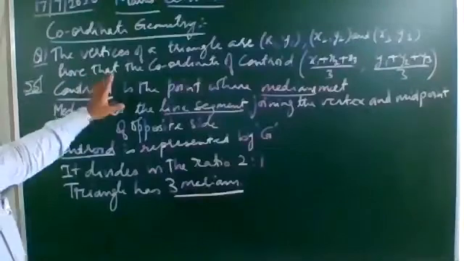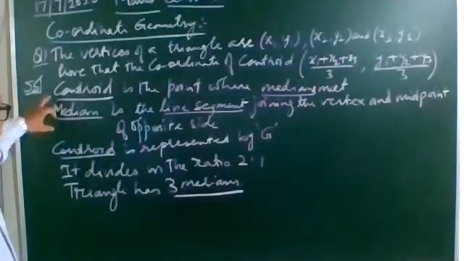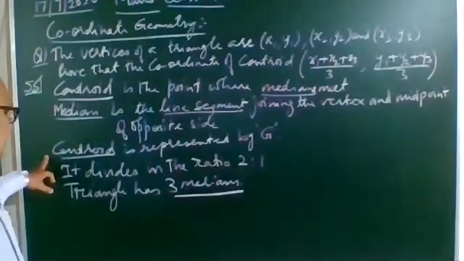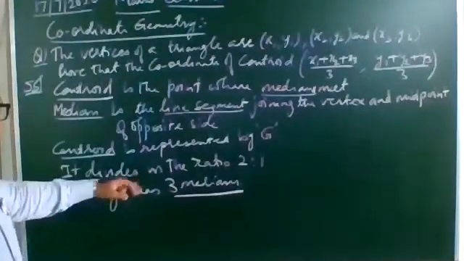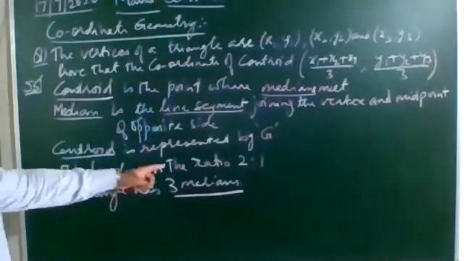So whenever this type of question comes, all things should be in your mind: what centroid is, what a median is, how the centroid is represented, and that it divides the median in the ratio 2:1.